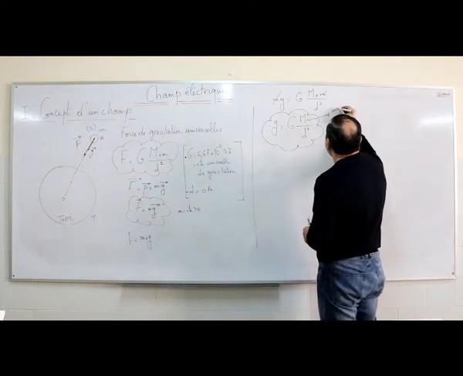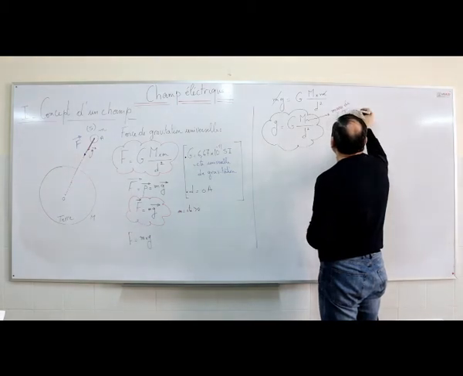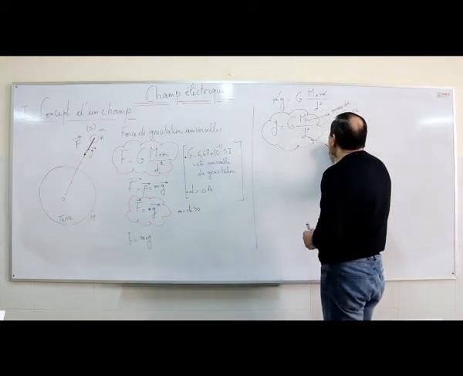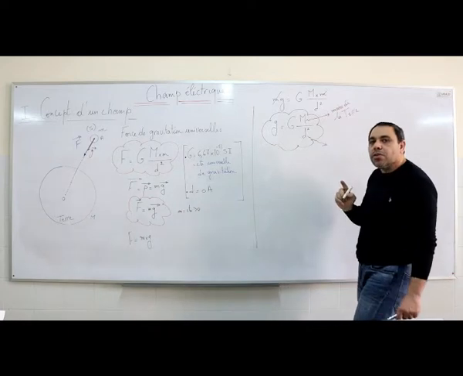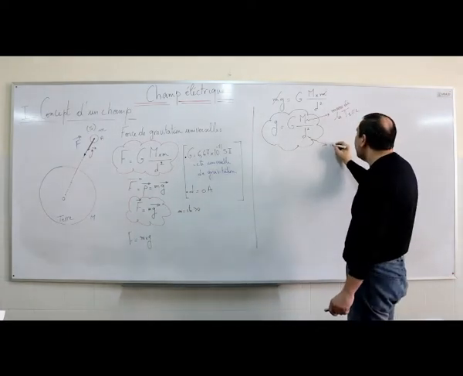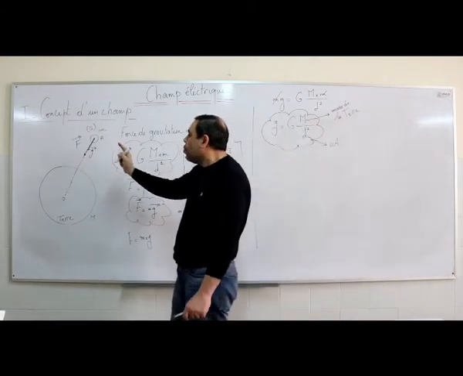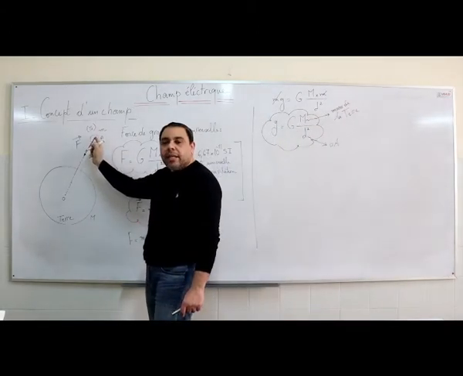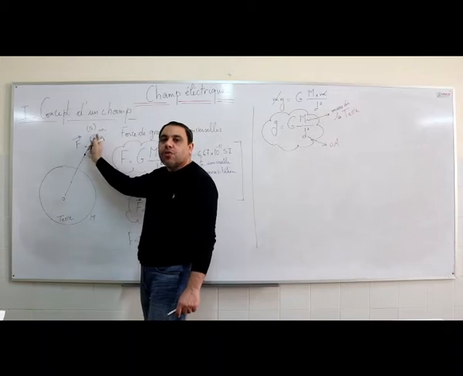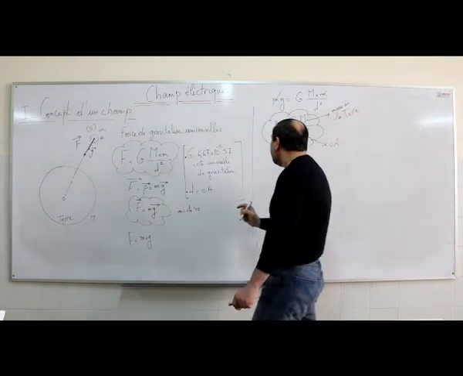M is the mass of the Earth. D is the distance between the center of the Earth and the center of the object at a certain height A, where the force of gravitation acts.